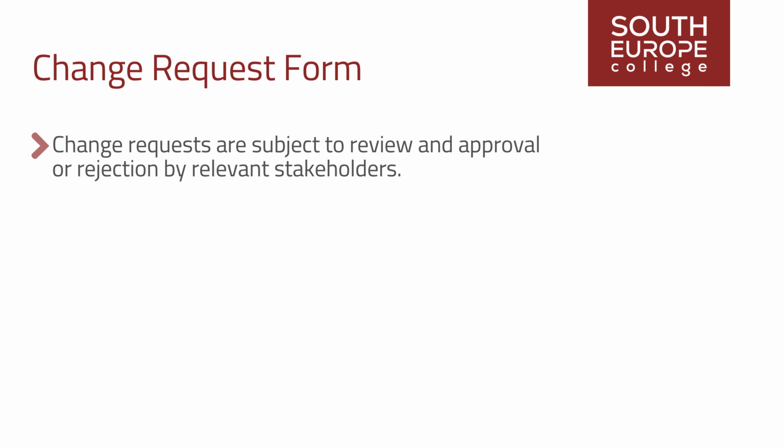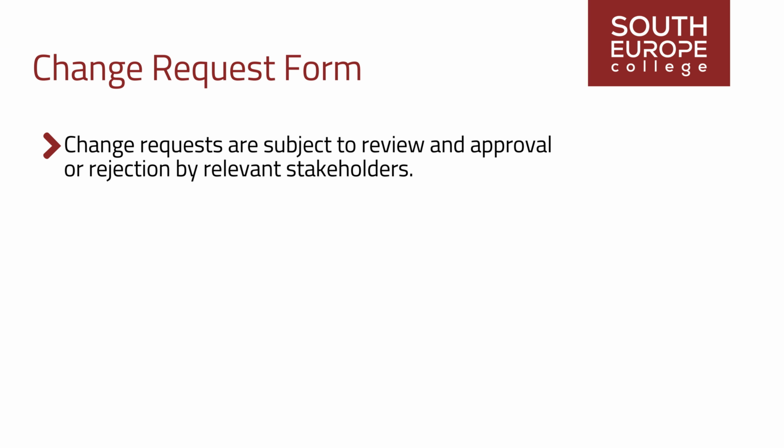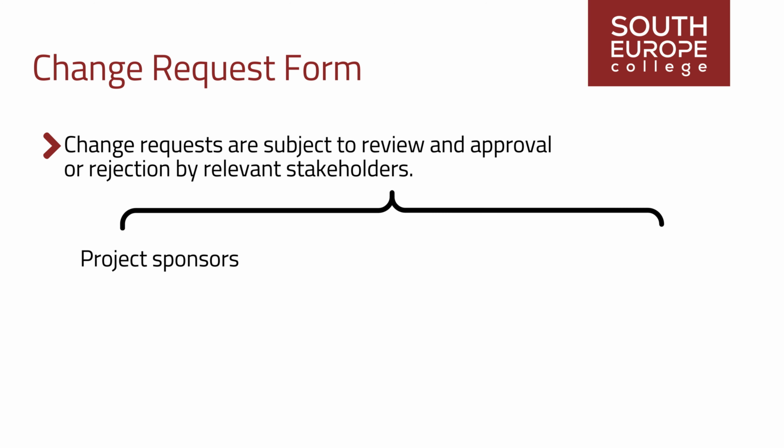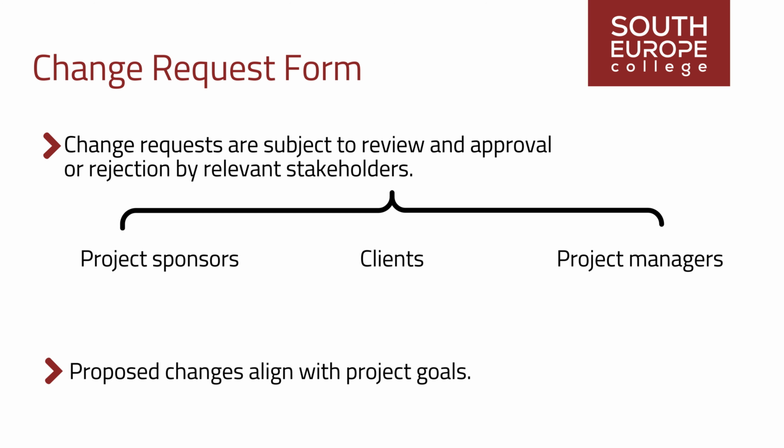Change requests are subject to review and approval or rejection by relevant stakeholders, including project sponsors, clients, and project managers, to ensure that proposed changes align with project goals and do not adversely affect project scope, schedule, budget, or quality.